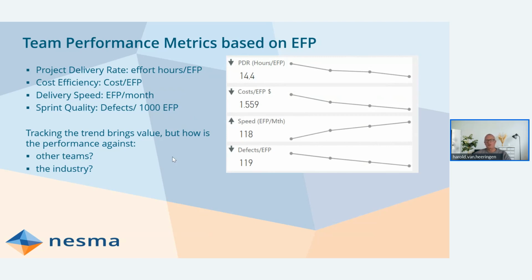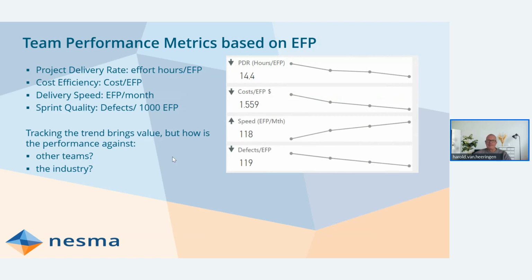But still, you don't know how well you are performing, or whether you are a high performing or a low performing team. Because, for instance, for a Java team, maybe 10 hours is the market average. So this team is still way less productive than the market average if it's a Java team. If it's a COBOL team, COBOL is maybe 25 hours per function point as the market average. So it would be very good performance.